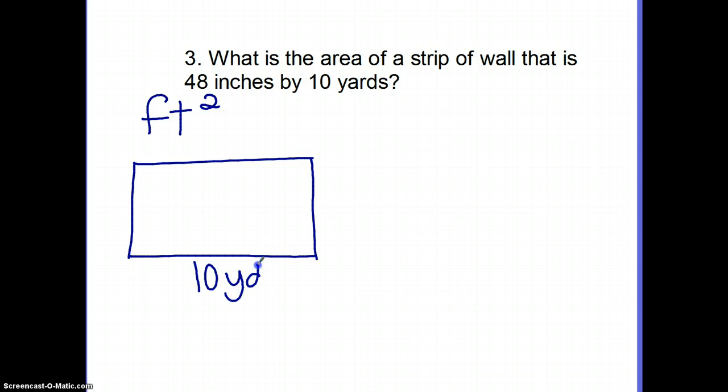It's going to be 10 yards by 48 inches. That is not very tall. Must be a playhouse. 48 inches. So we're going to change everything into feet.